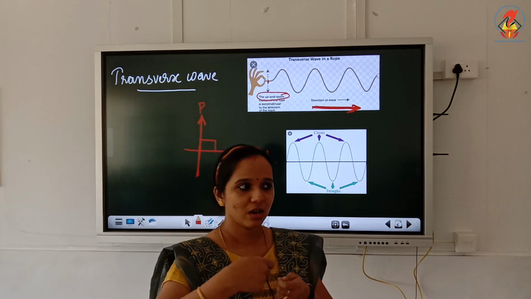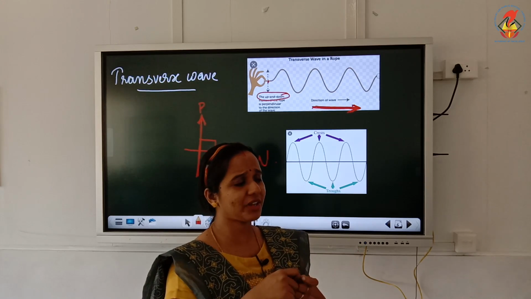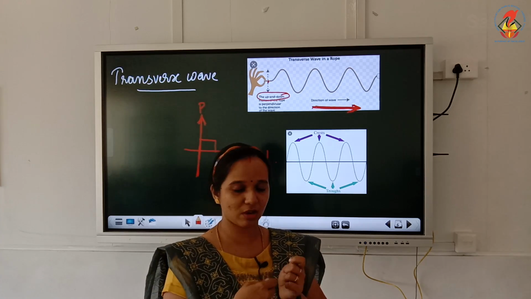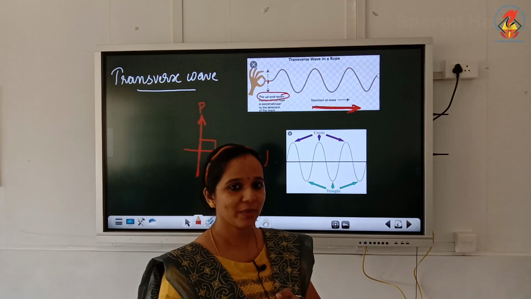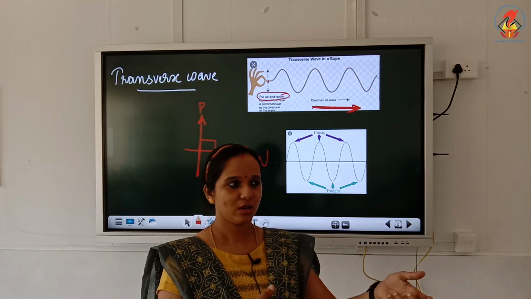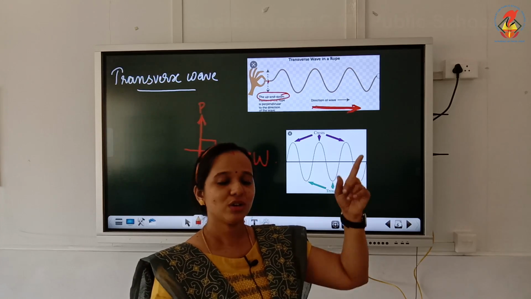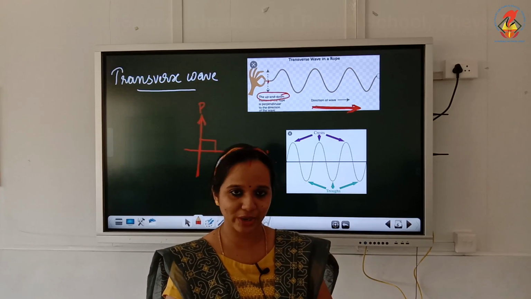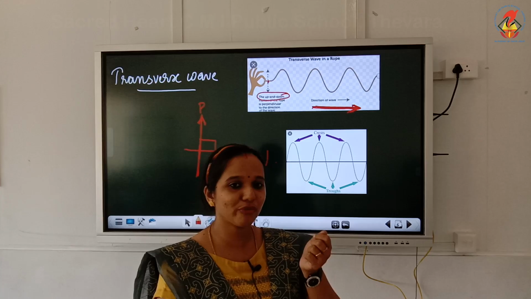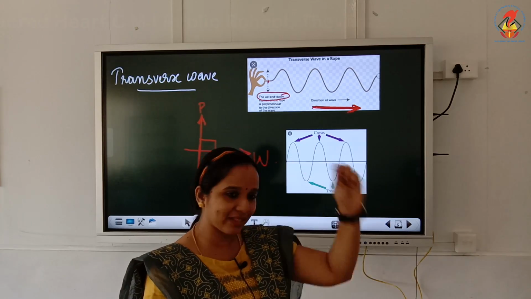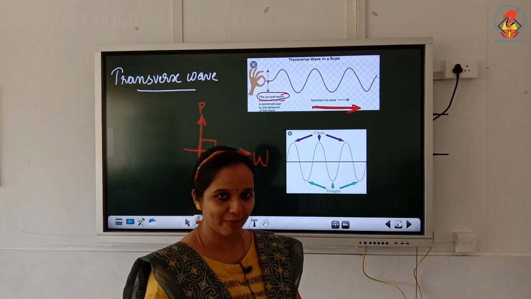Take a string. Now tie a ribbon onto that string, as we do for a tug of war competition. Now tie one end of the string to a window. Take the other free end in your hand and make the string vibrate. Just move the string up and down.